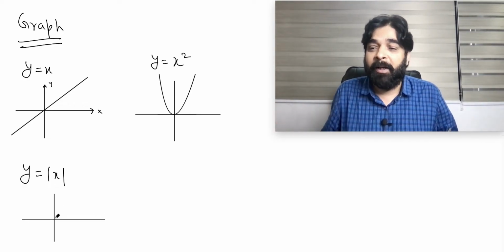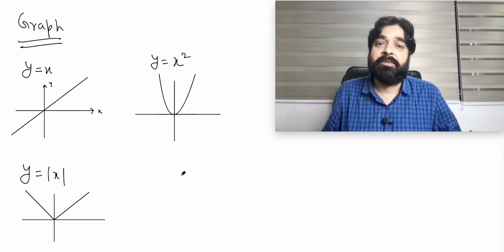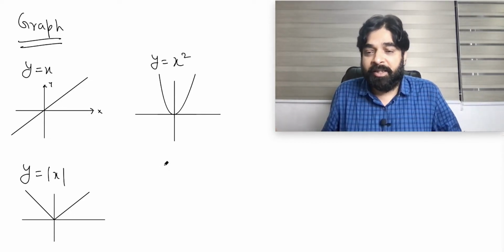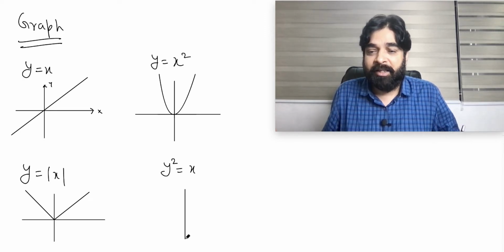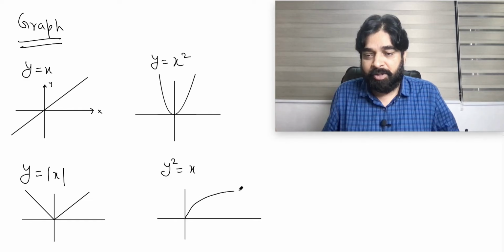First, we are talking only about the graph. So the y equal to mod x graph is a V shape. It goes like this. The next graph is y square equal to x, and it looks something like this.